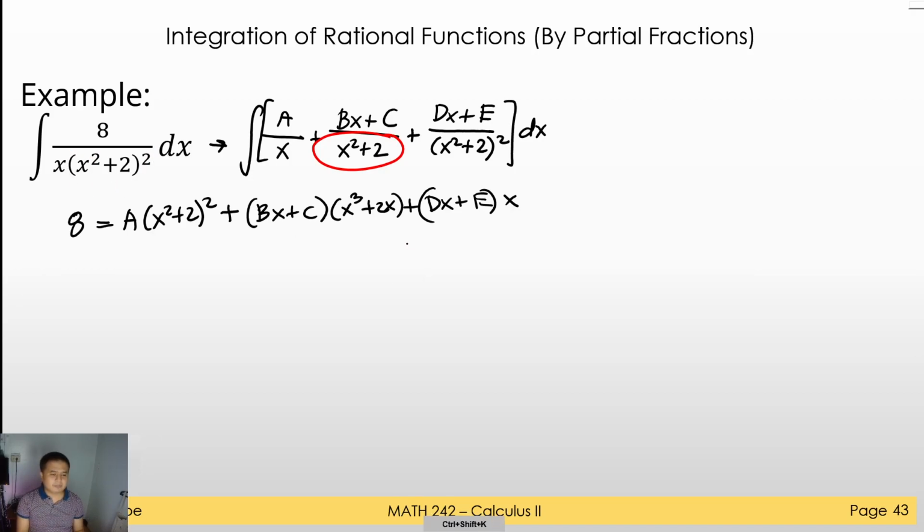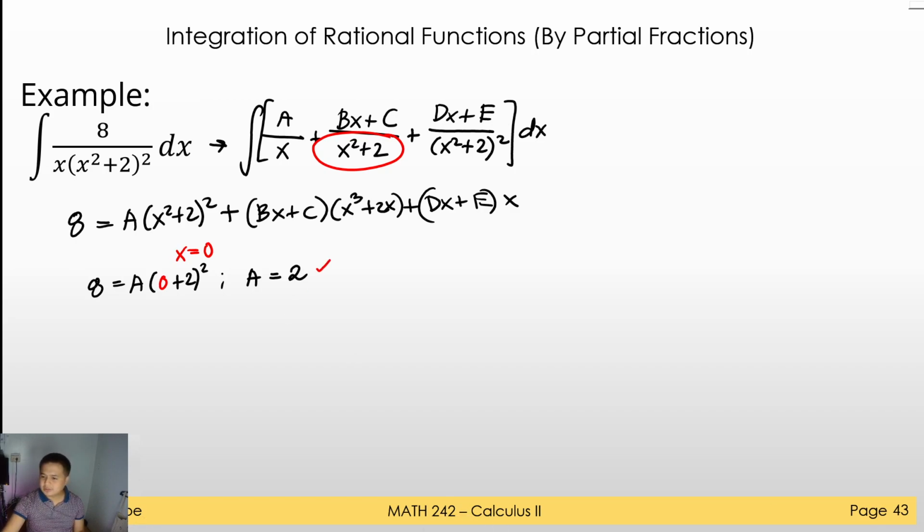So if you let x be equal to 0, you can actually solve for A. So 0 plus 0, 0, so cancel these two terms. You have 8 is equal to A times 0 plus 2 squared. So therefore, A is equal to 2, right?